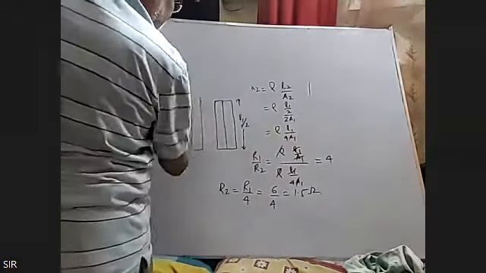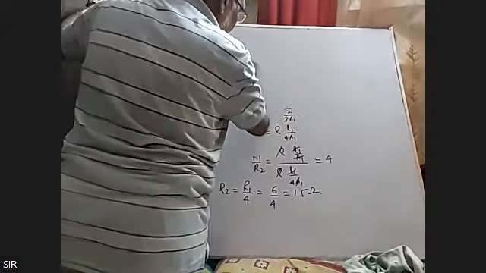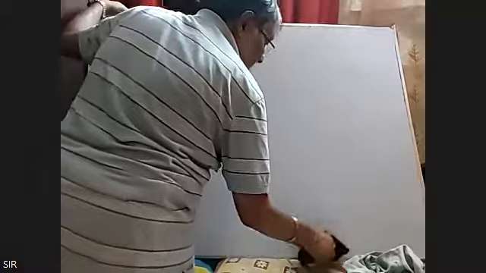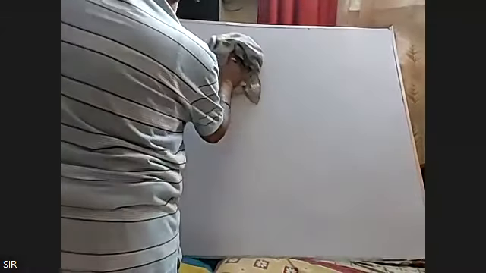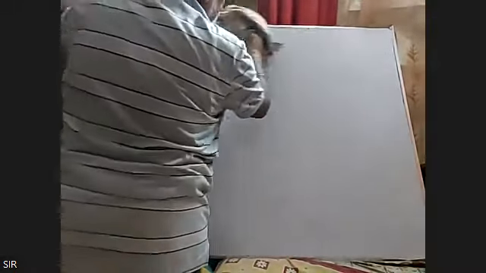Now let's go to the combination of resistance. We can combine resistance in two ways. This is the most important part of the chapter. This chapter will be full of numericals.